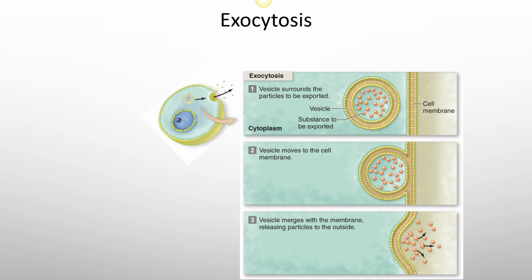Let's say we have something that we want to get out of the cell. Let's say this cell just ate a bacterium and we've digested it using a lysosome, and now we want to get this stuff out of the cell. Well, the vesicle would fuse with the cell membrane, and then eventually just everything would come out of the cell. So through this fusion, through the exocytosis process, those substances would be eliminated from the cell.